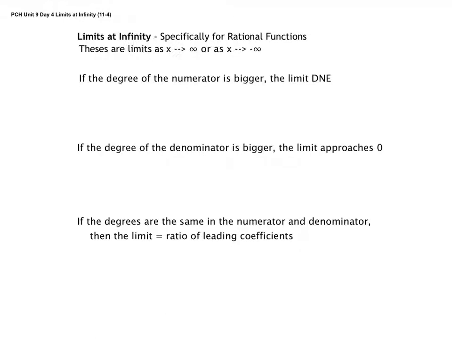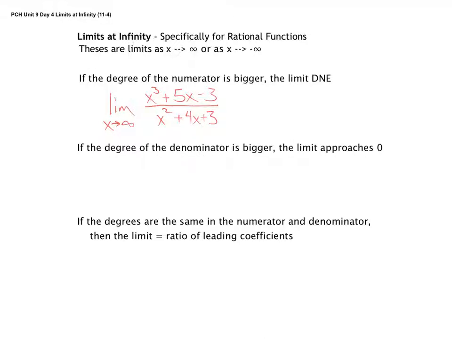As we are looking at rational functions that we're taking the limit of as x approaches infinity or negative infinity, let's say that we had one like this. We have the limit as x approaches infinity of, say, x cubed plus 5x minus 3 over x squared plus 4x plus 3.